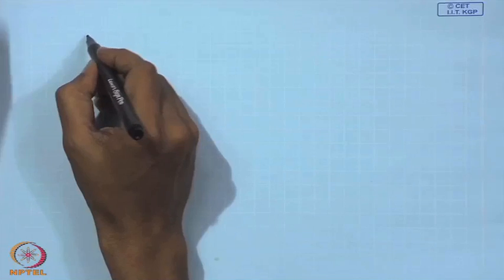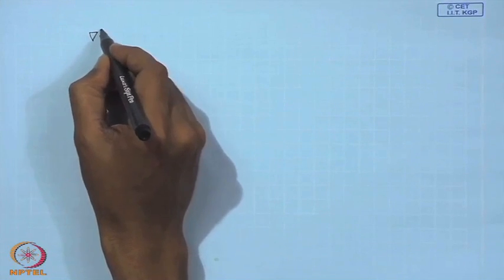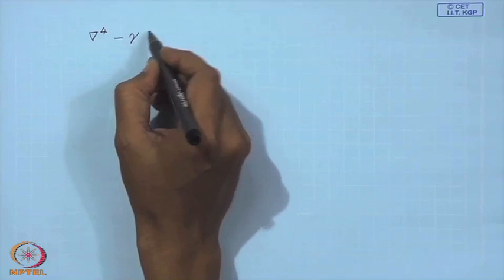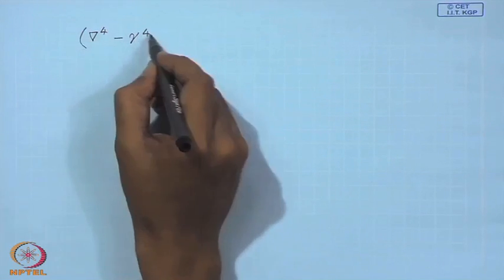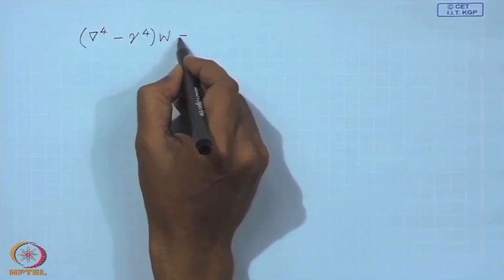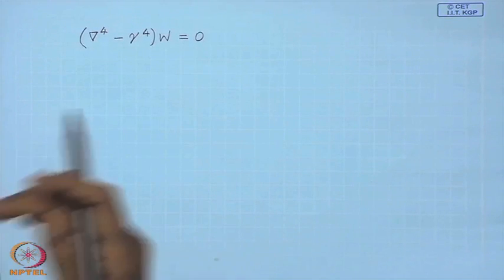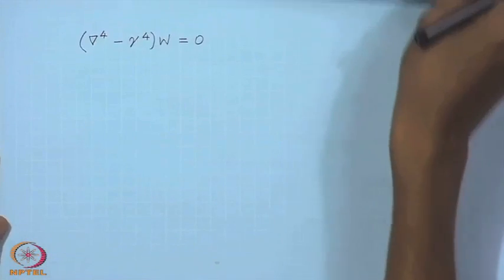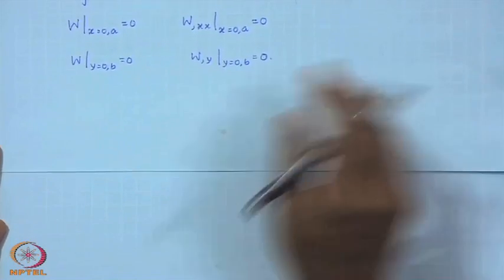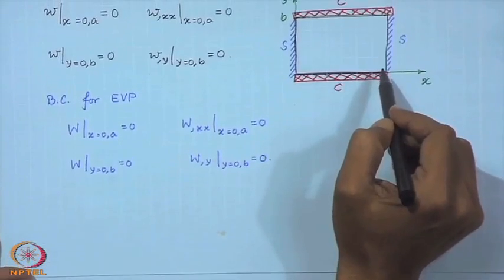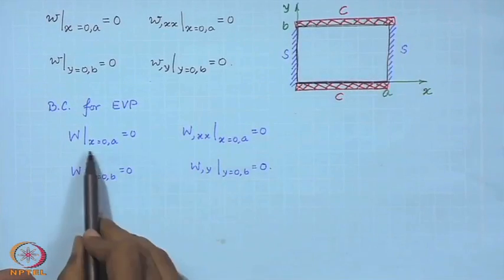So, let us look at this. This was the differential equation of the eigenvalue problem. Now, here we have simply supported edges at x equal to 0 and x equal to a.